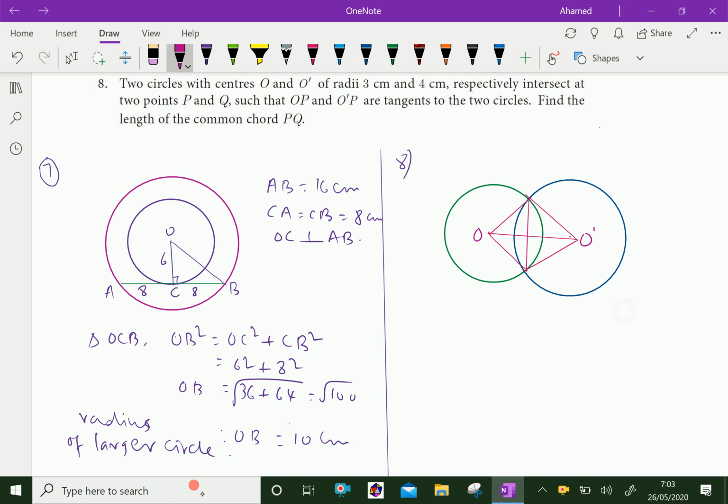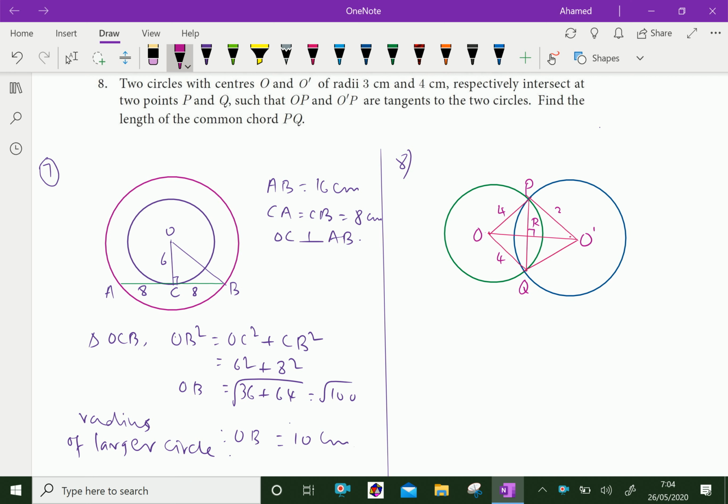Now the points here are P and Q. The point of intersection of both we can write as R. Now the radius of the small circle, OP is 4, and OQ is 4.